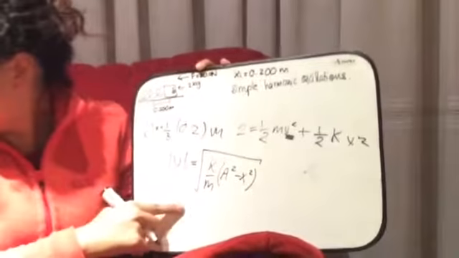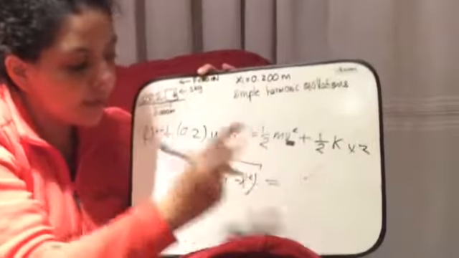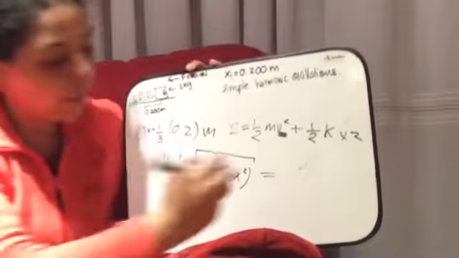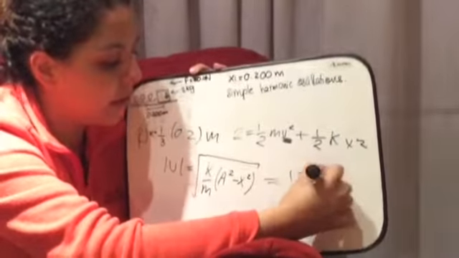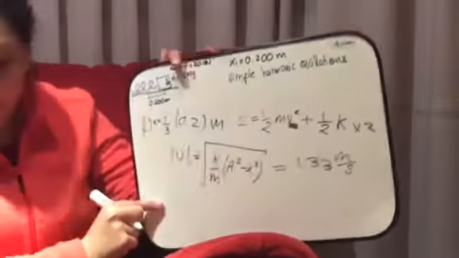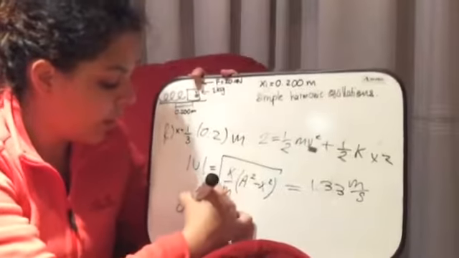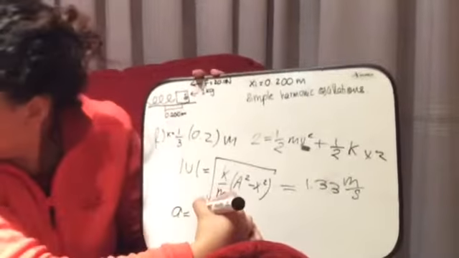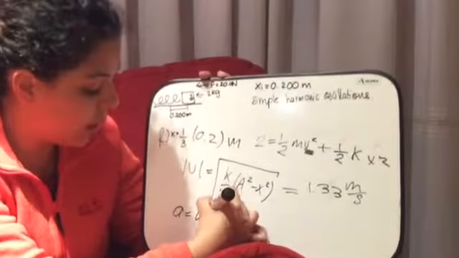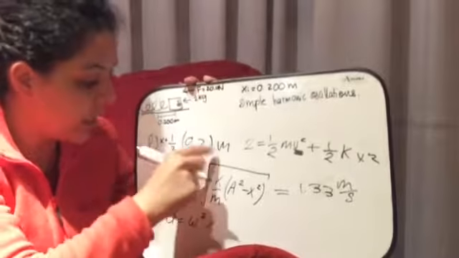And this is a formula that can be obtained from this. So when we substitute the values found here, we obtain that the maximum velocity equals 1.33 meters per second. For the acceleration, we use the formula we used before, which says that it should equal the angular frequency squared times x, which is this value here.